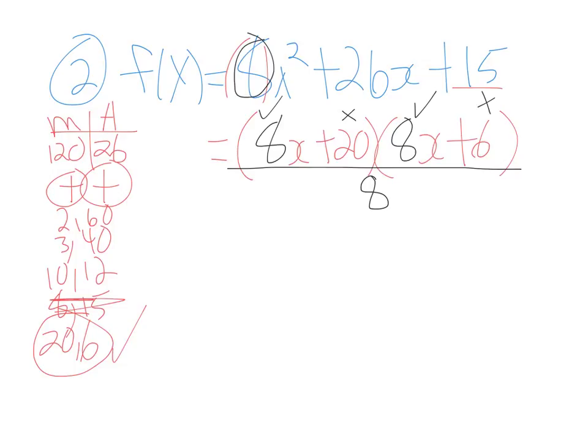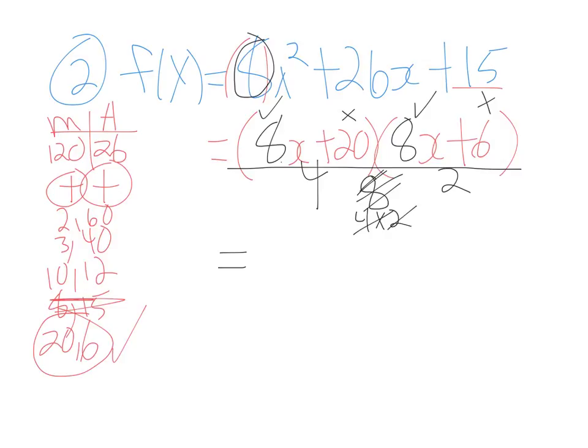I can break 8 down into 4 times 2, right? So dividing by 4 and dividing by 2 is the same thing as dividing by 8. So now which of those brackets will they go into? Well, the 4 goes into the first bracket, and the 2 goes into the second bracket evenly, without a remainder. Oh, that's good then.